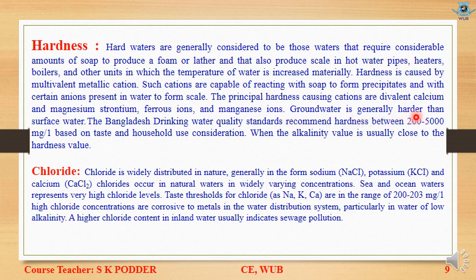Groundwater is generally harder than surface water. The Bangladesh Drinking Water Quality Standard recommends hardness between 200 to 500 milligram per liter based on taste and household use consideration, when the alkalinity value is usually close to the hardness value.